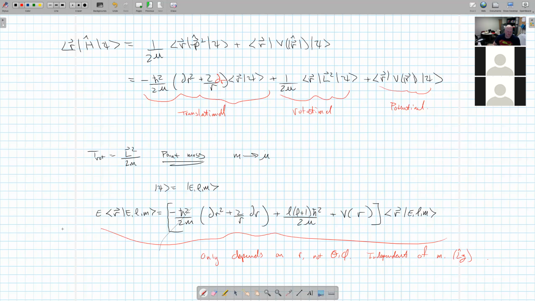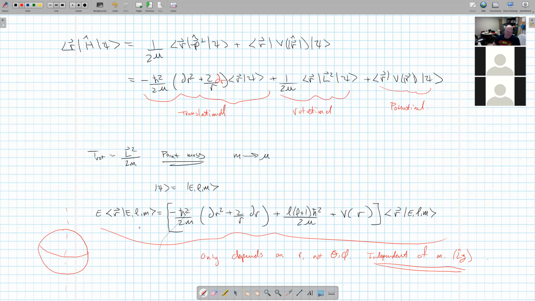The reason is that this has complete spherical symmetry, so there's no preferred axis that it is rotating about, unlike a cylinder or an electric field or magnetic field. There's no preferred axis, which means there's complete rotational symmetry, which is why this is completely independent of M.